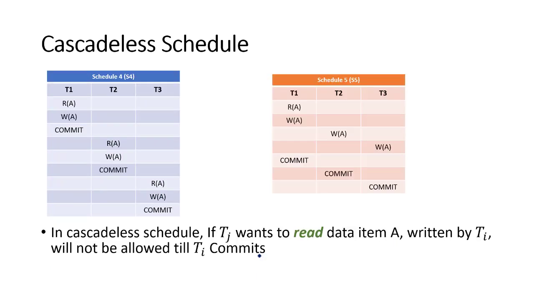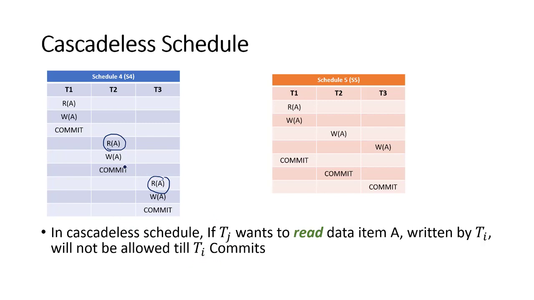If we go by a formal definition of a cascadeless schedule, in a cascadeless schedule, if Tj wants to read the data item A written by Ti, here T2 is reading the data item A written by T1 and T3 is reading the data item A written by T2, it will not be allowed till Ti commits.